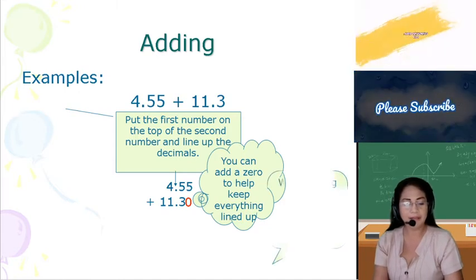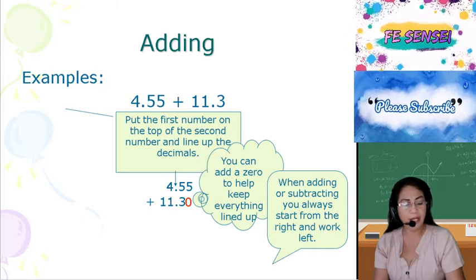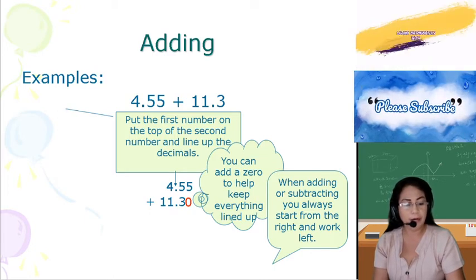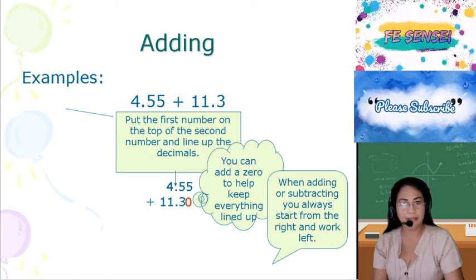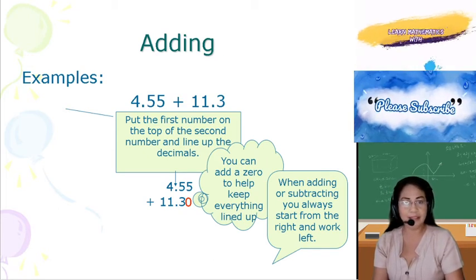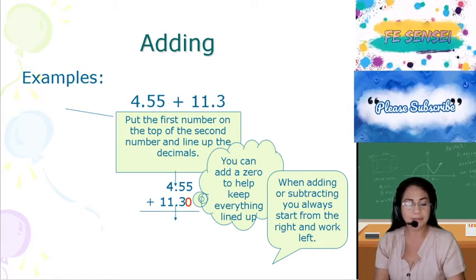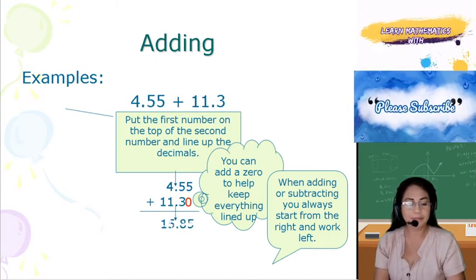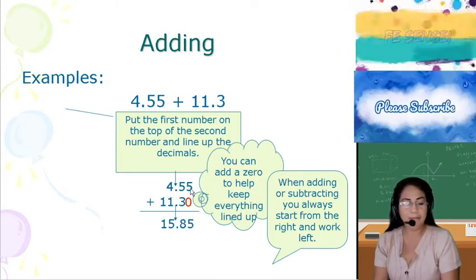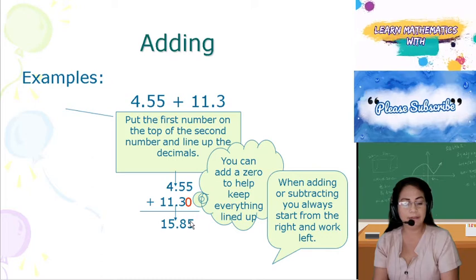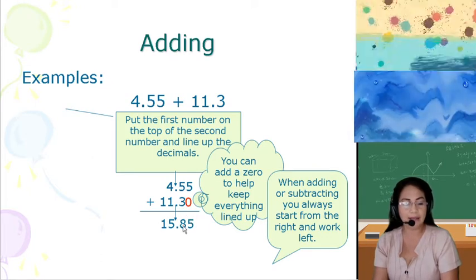Okay. Then, when adding or subtracting, you always start from the right and work left. From the right to the left. So, 5 plus 0 equals 5. 5 plus 3 equals 8.